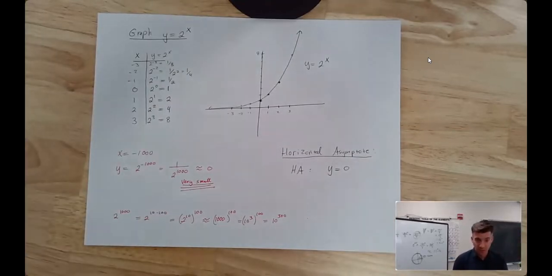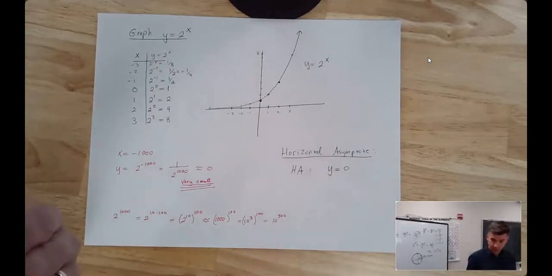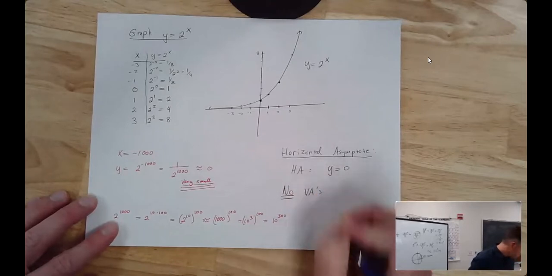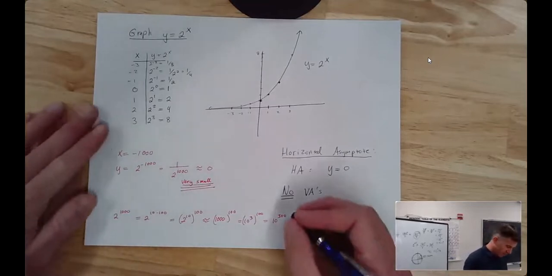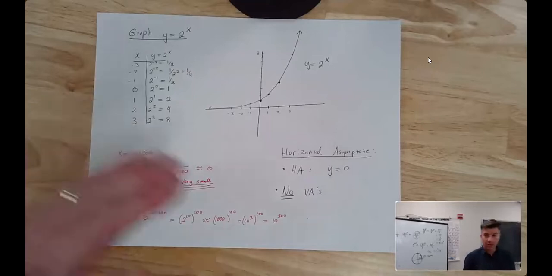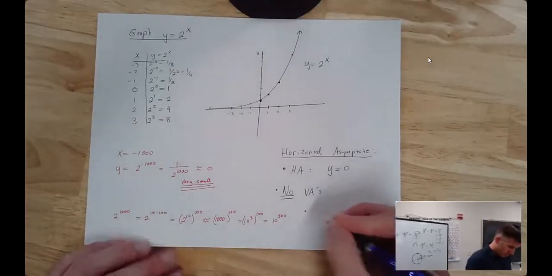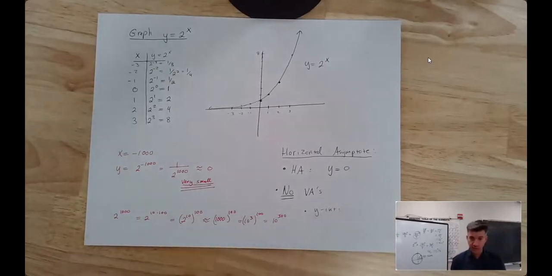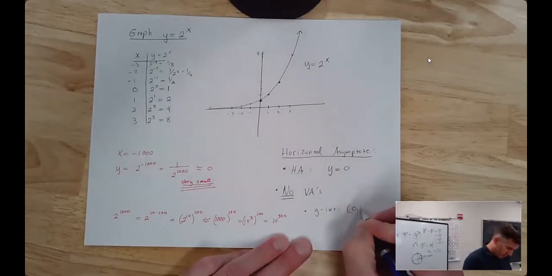I will also mention, just because it is worth mentioning, this graph does not have a vertical asymptote. There are no vertical asymptotes. The other thing I want to mention is that there is always going to be a y-intercept. And again, if you haven't done any shifting, if it's just the base case here, the y-intercept is always going to be the point (0, 1).